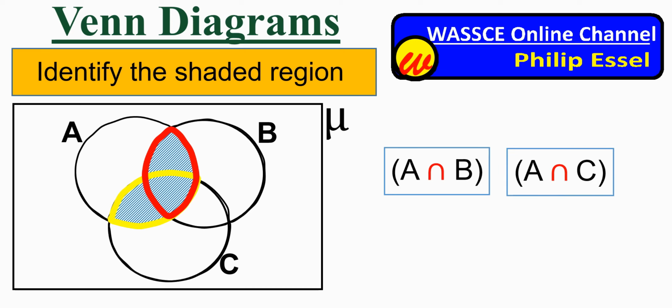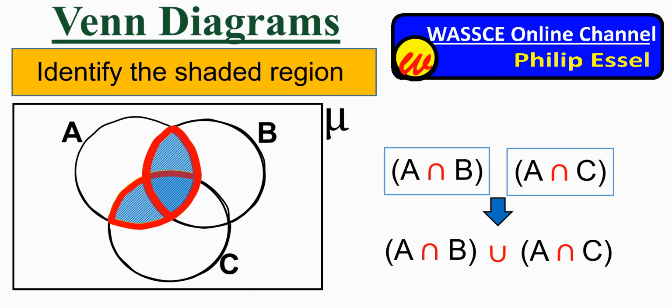It is A intersection C. Now let's merge them to form a single unit. So we have a union of the two sections, and that is (A intersection B) union (A intersection C). Let's look at the next example.